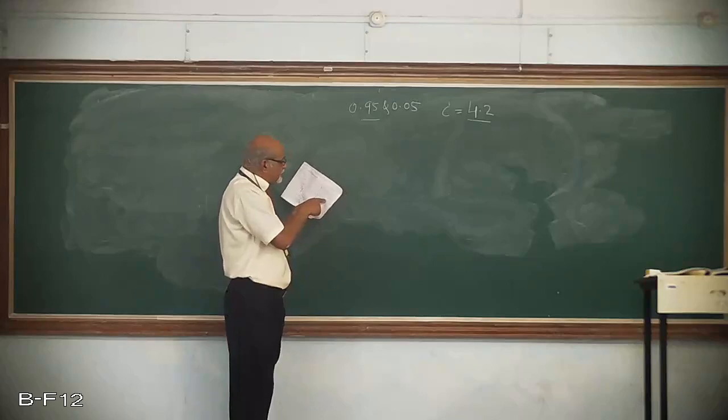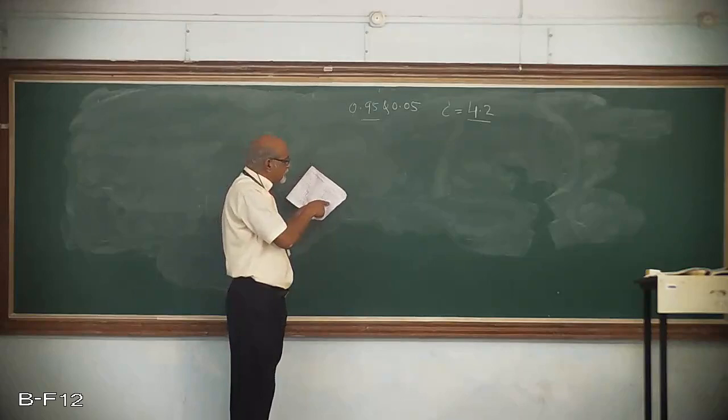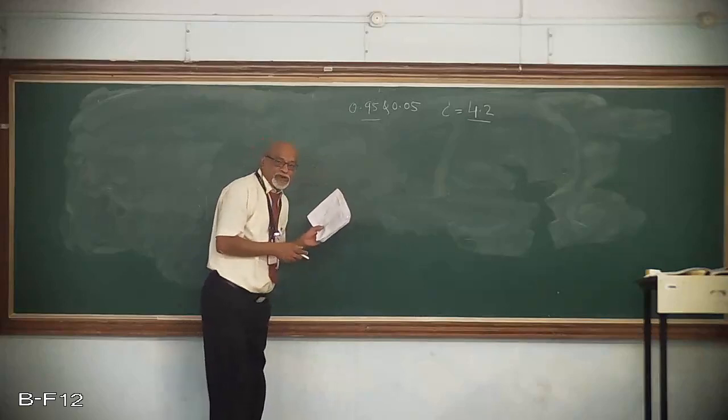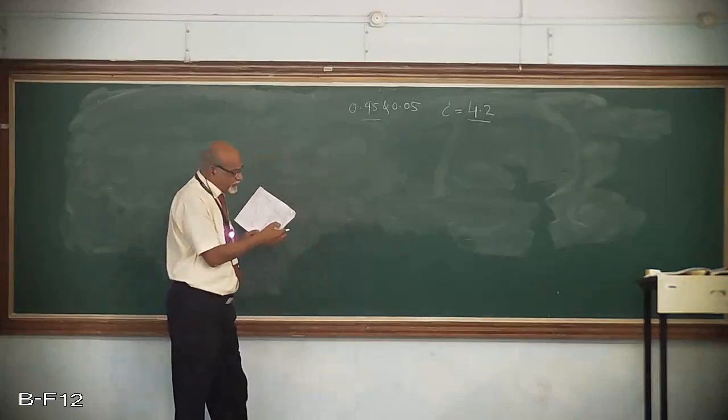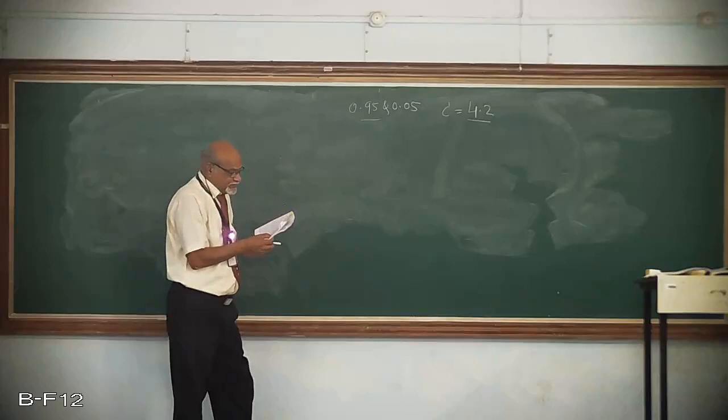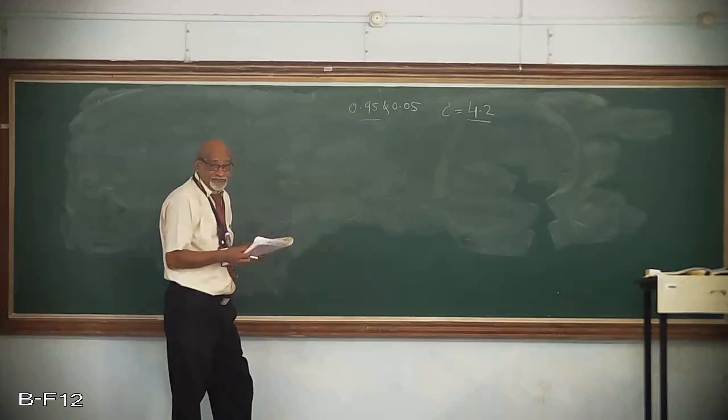See, if you observe it carefully, for C prime equal to 4.2, the area under 7 is 0.936. Under 8 defects, it is 0.972. That means 0.95 is between these two. You can say that it is something around 7.5.